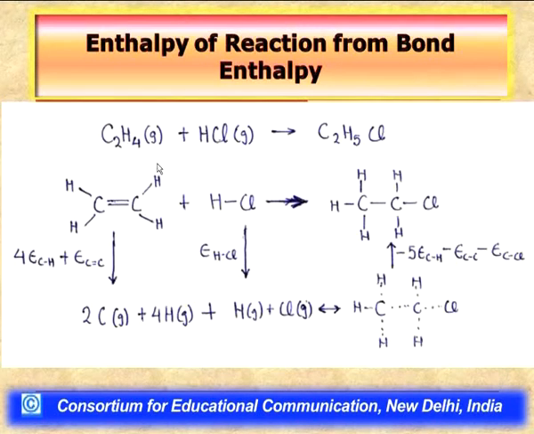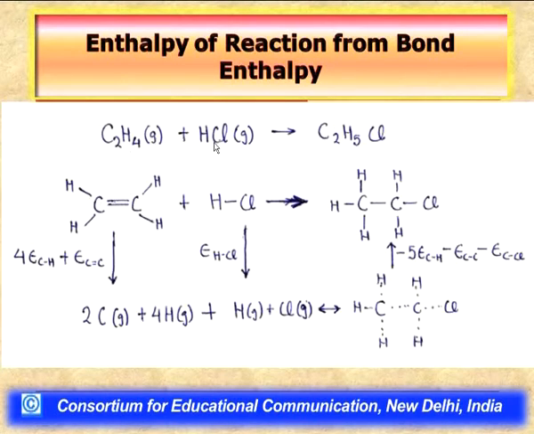Similarly, we can also determine the enthalpy of reaction. For example, if we want to calculate the enthalpy of reaction for addition of HCl to ethylene in order to obtain ethyl chloride, here in this reaction we have 2 reactant species.